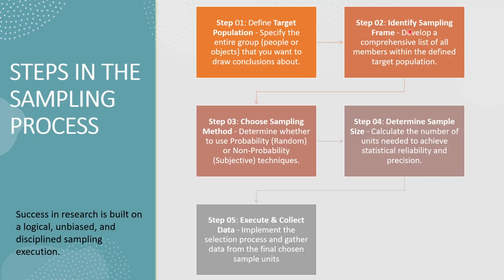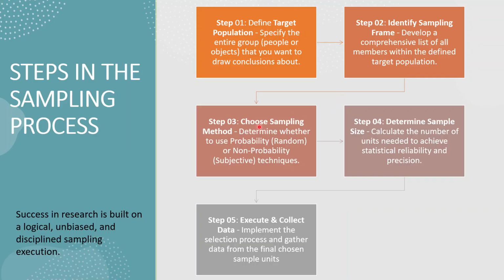The second step is identify sampling frame. Develop a comprehensive list of all members within the defined target population. So I'll first try to get the list of all members available in the population. That will act as my sampling frame.